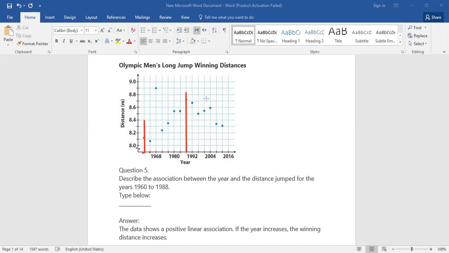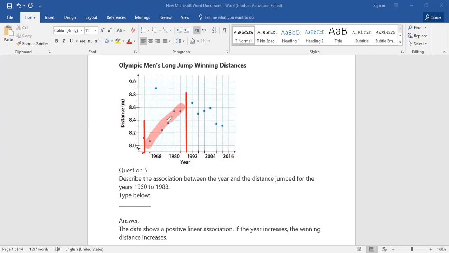Positive association. Why? Because it's increasing. If you connect the points together, it moves from down to up. So the data show a positive linear association. If the year increases, then the winning distance increases.